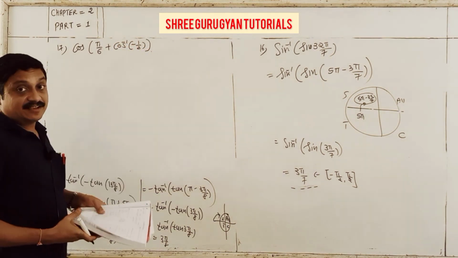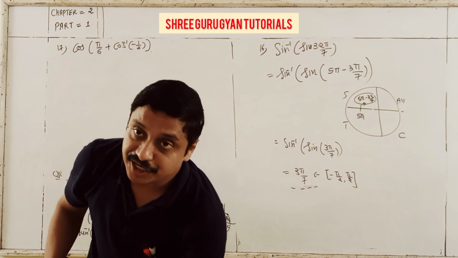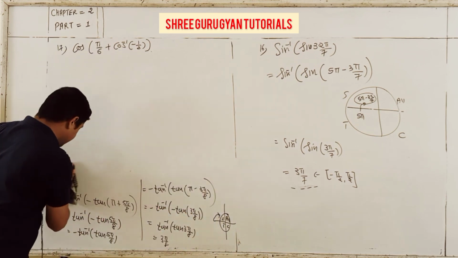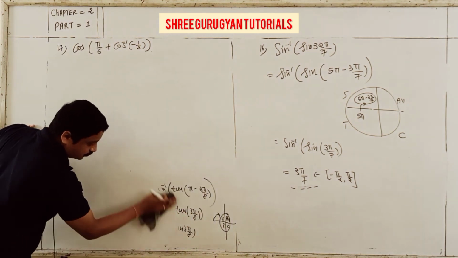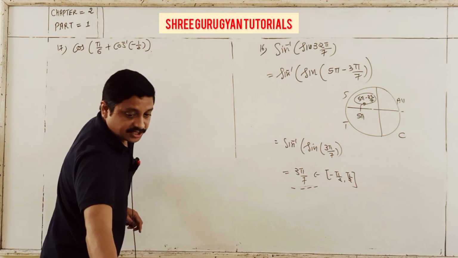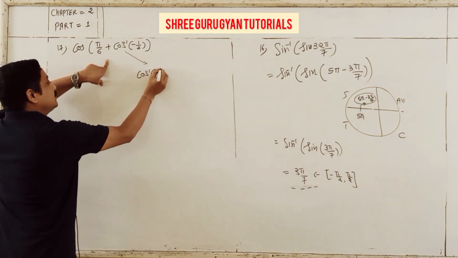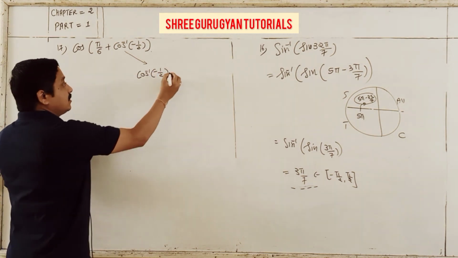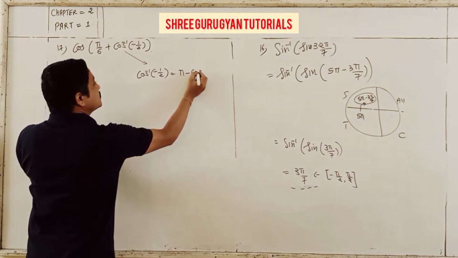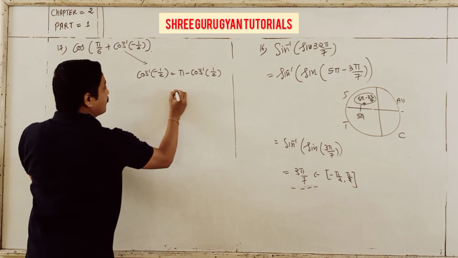Yes, very easy. First dissolve the internal part, then after that the external part. This internal formula you know, students. Cos inverse of minus half will be pi minus cos inverse half.